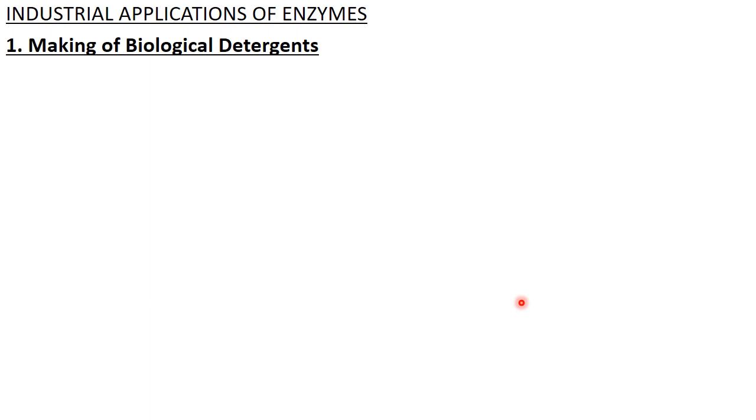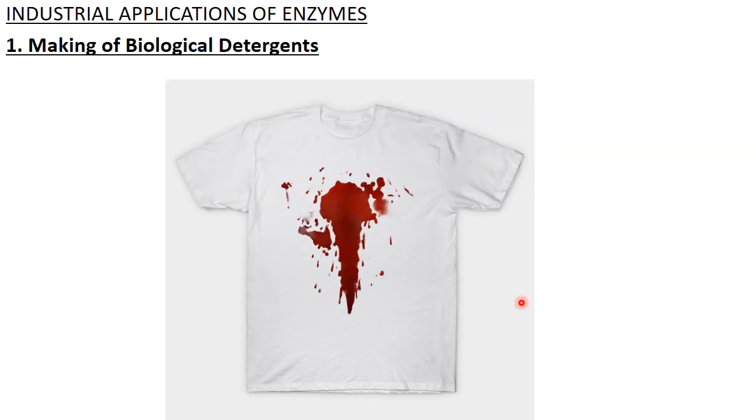An example is blood. If a shirt like this has got these blood stains, to wash this, you can use an ordinary detergent such as Boom, but you need to apply more effort. The easiest way to deal with this is using a biological detergent.